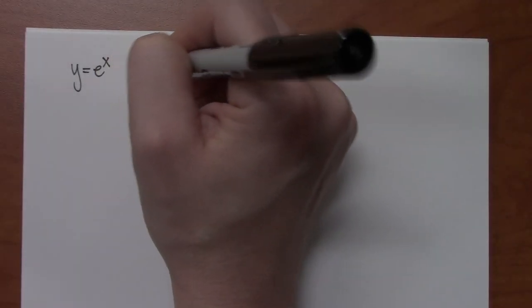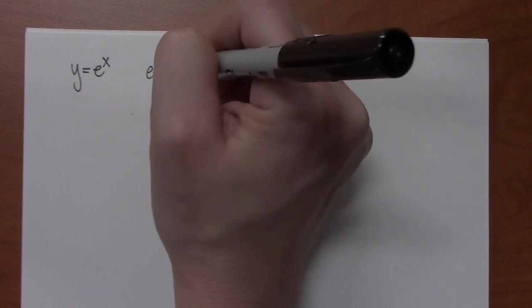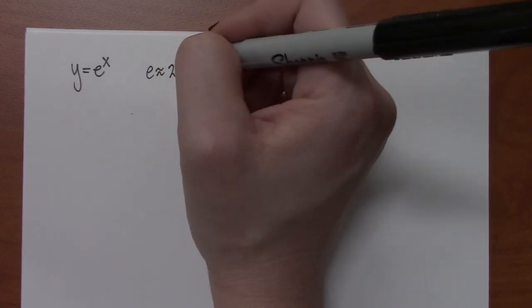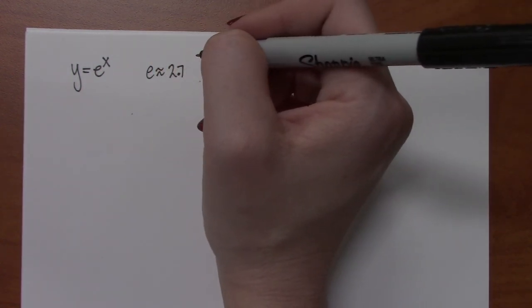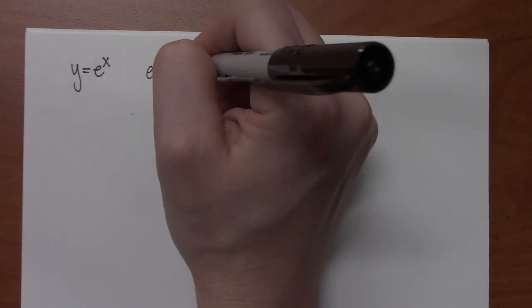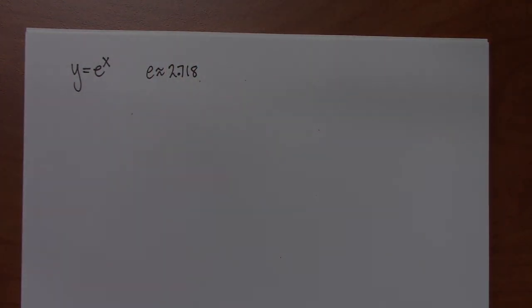It's not an electron. And the value of it is approximately 2.718. We never, ever, ever use the decimal number, but you need to know the value of it because you need to make sure you understand E is greater than 1, but E is less than 3. So it's somewhere between 2 and 3.